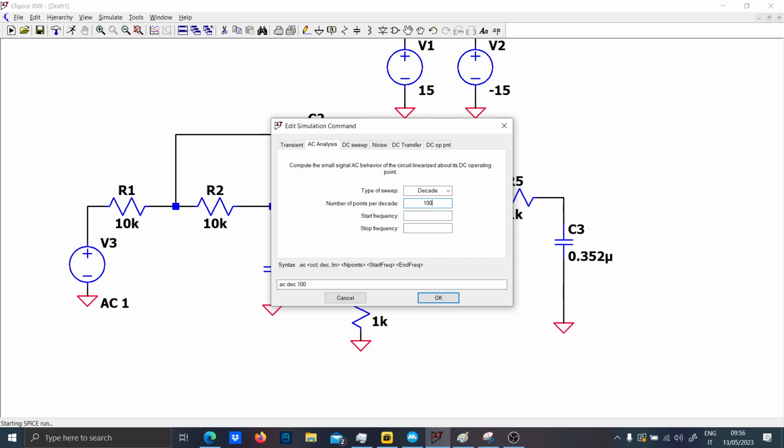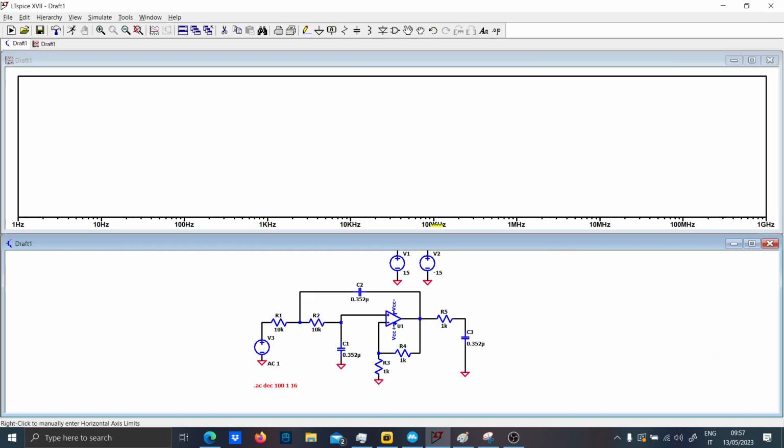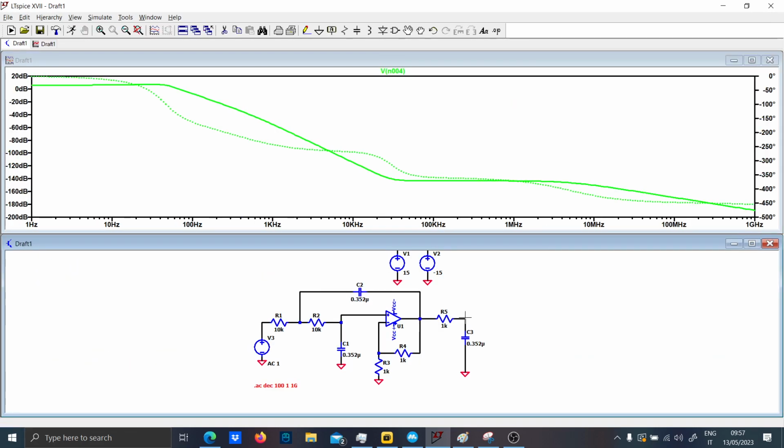Decade 100, 1 Hertz, 1 GHz. And this is the response of the filter.